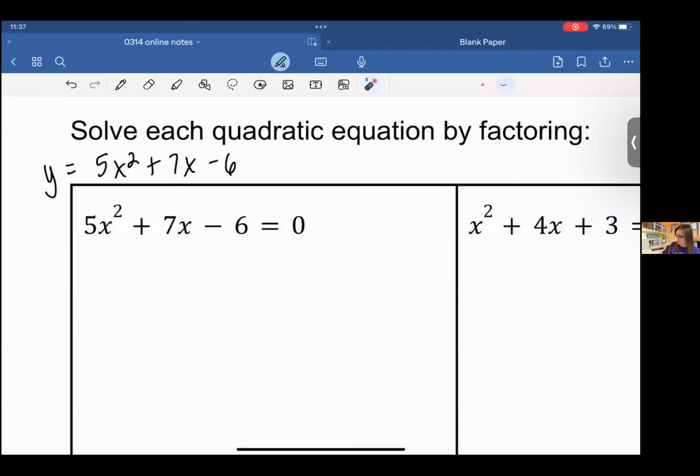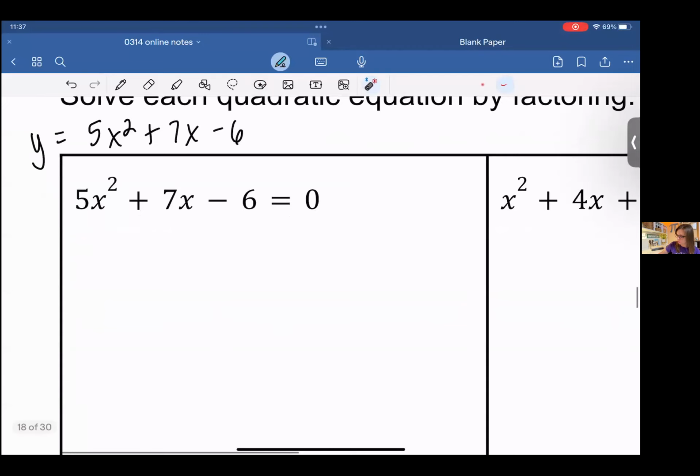And we know how to factor. So what we're doing is we're factoring this, and then I'll show you what to do after that. So if we're going to factor this, we're going to take factors of negative 30 and figure out which ones add to 7. So we have 1 and 30, 2 and 15, 3 and 10, 5 and 6.